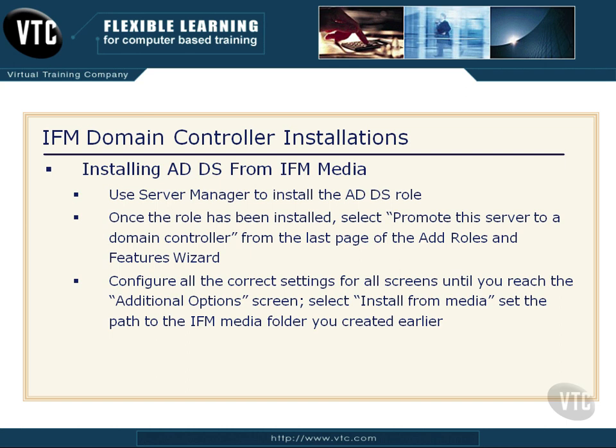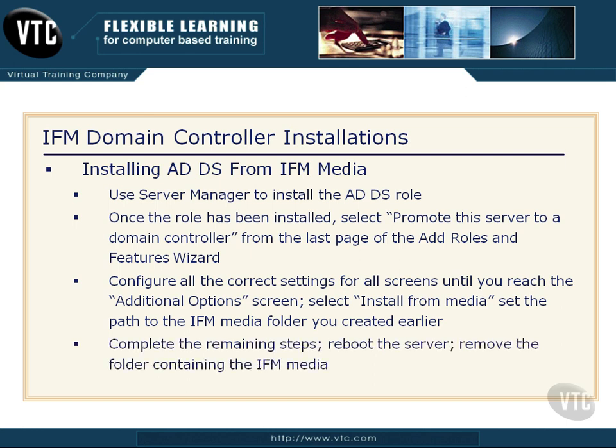When you get there, you want to select install from media. Sound familiar? And it'll ask you where are the files, and you're just going to point it to the IFM media folder you created earlier. Then you'll just complete the remaining steps, reboot the server, then remove that folder containing the IFM media.